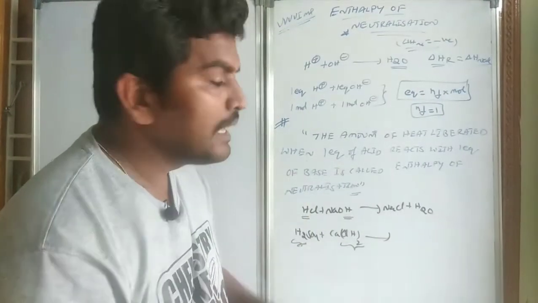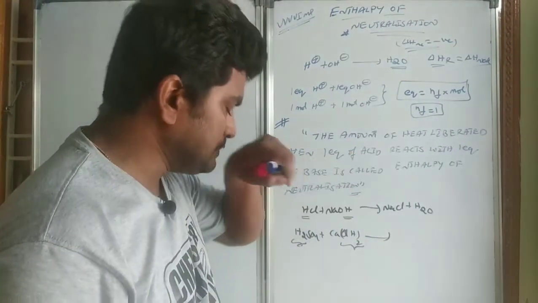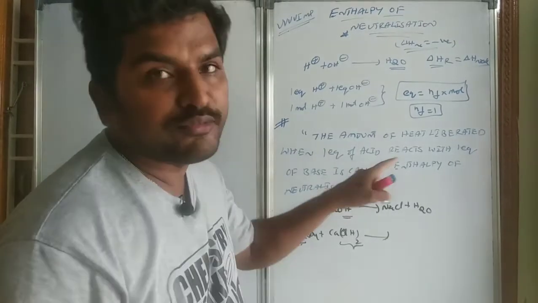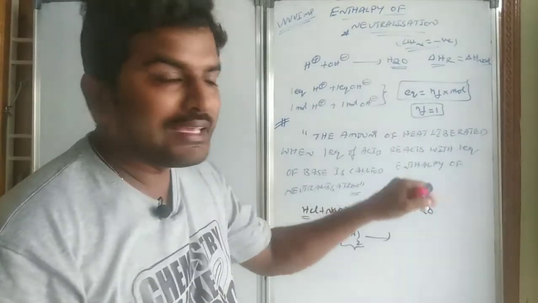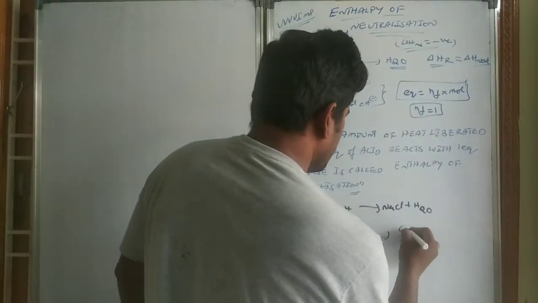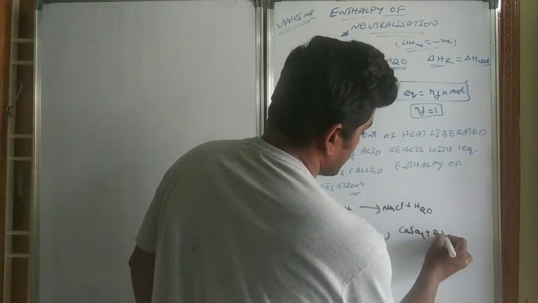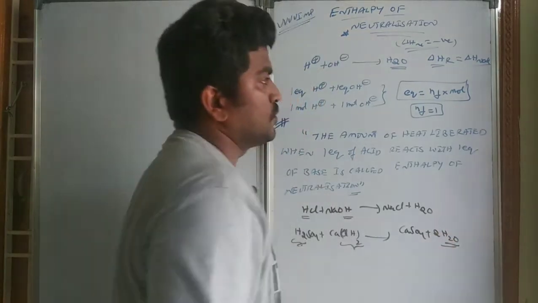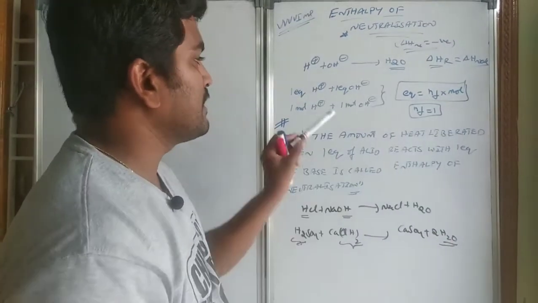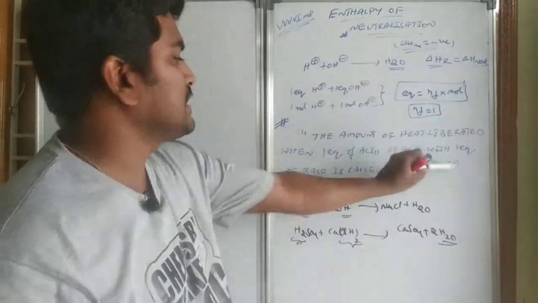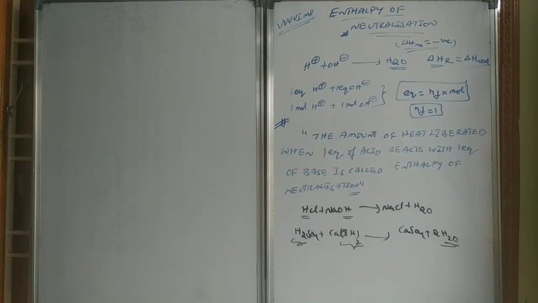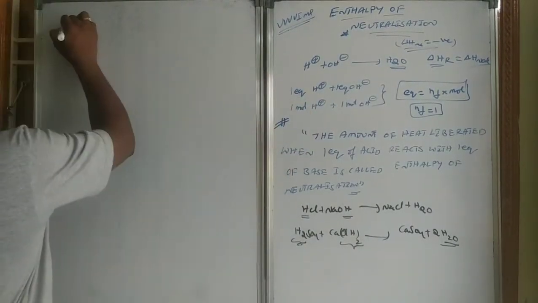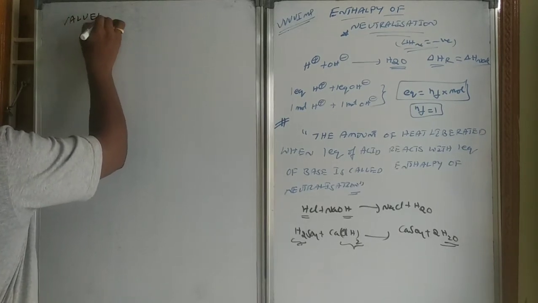That's why mentioning this in terms of moles is not proper. You have to mention it in terms of equivalents only. It will produce CaSO4 plus 2H2O. So the amount of heat liberated when one equivalent of acid reacts with one equivalent of base is called the enthalpy of neutralization.